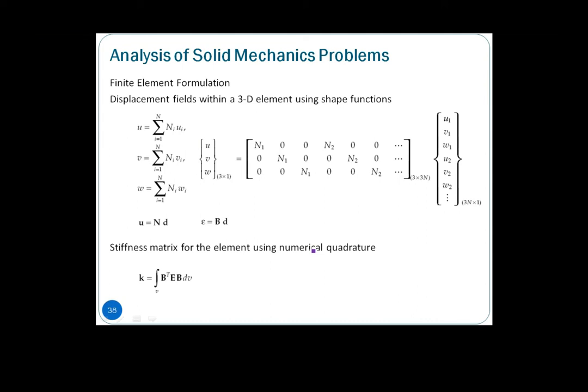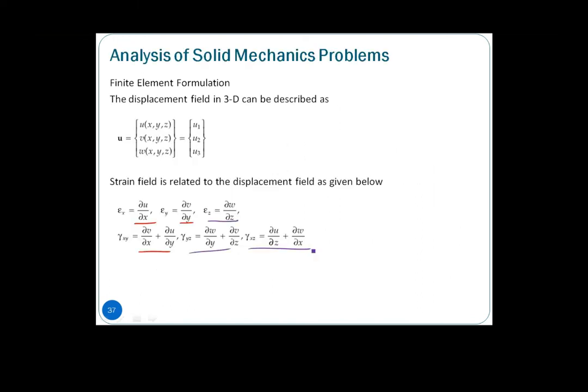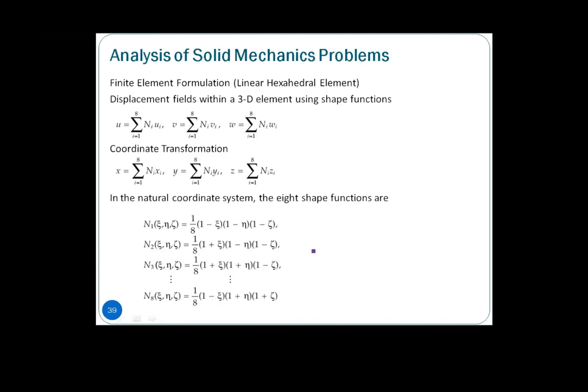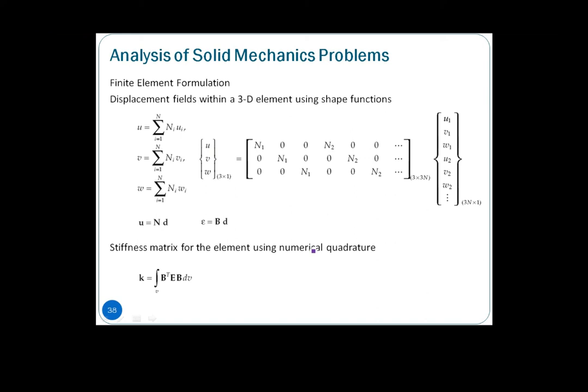For example, we are using the hexahedral elements, 8 nodes. Our shape functions can be represented by U, V, W shape functions, depending on how many nodes and which type of element we are using.